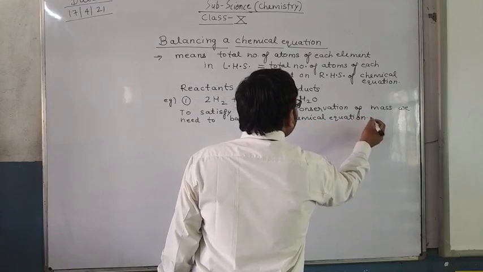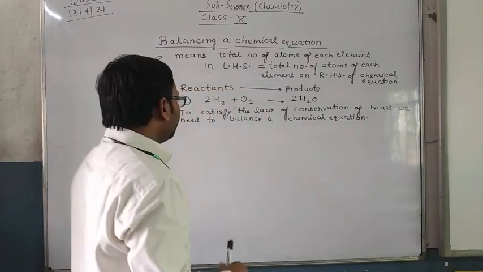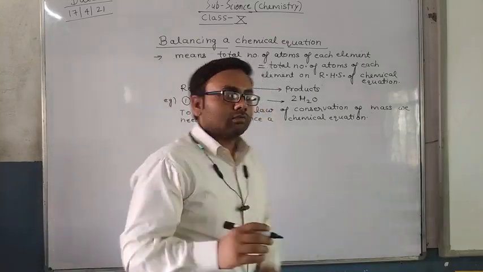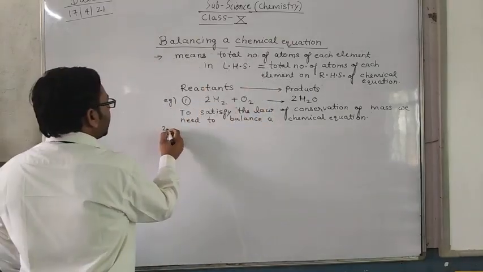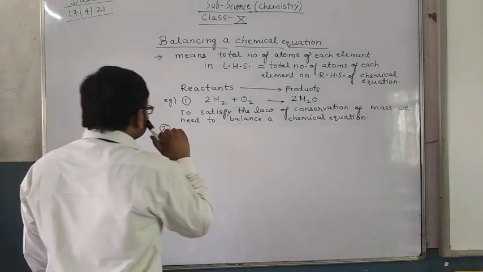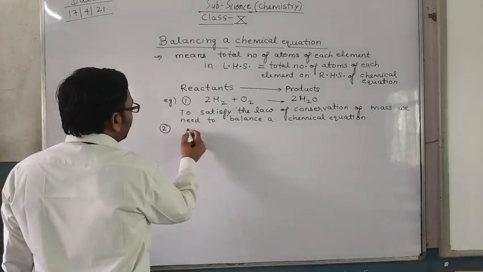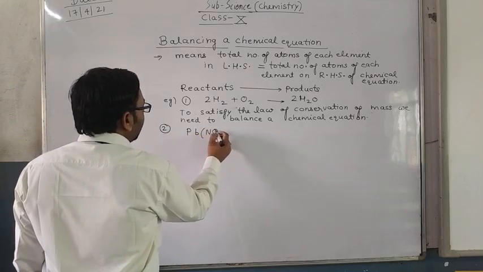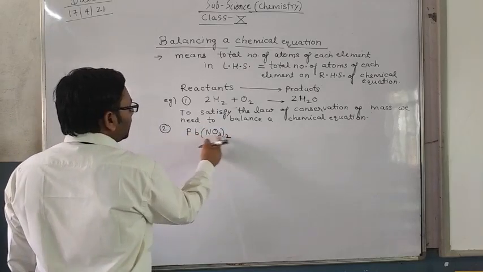Let us take one more example regarding balancing of a chemical equation. Let us take a second example. Suppose this is Pb(NO3)2, that is lead nitrate. Pb(NO3) whole twice.